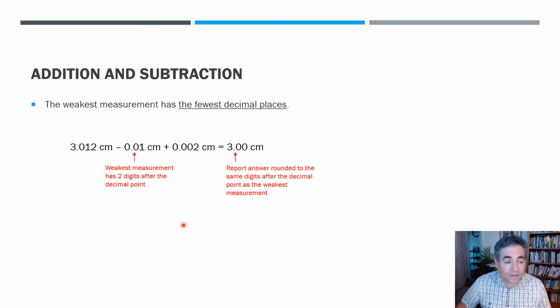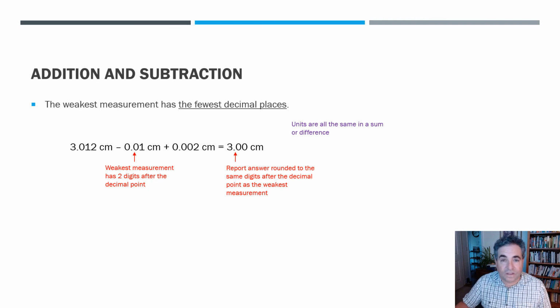Now, when we round off the final answer, we are going to round it off so it has the same number of decimal places as the weakest link. So our weakest link had 2 decimal places, so we're going to round off our final result so that it has 2 decimal places as well. So it'll be 3.00 centimeters.